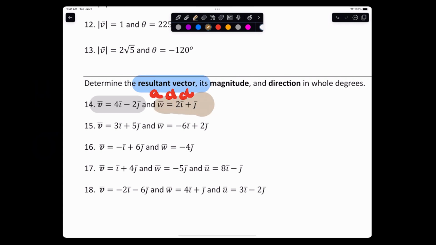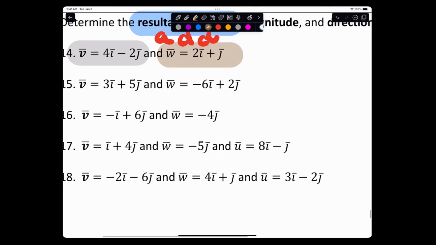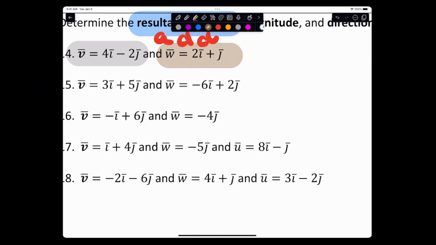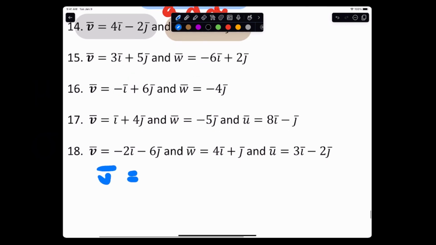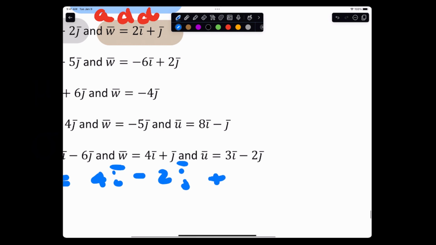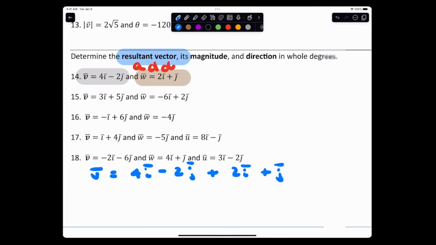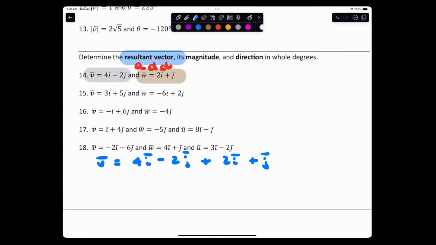That's going to give you the resultant vector. Just adding them. Now, the reason the ij form is preferred is because if I write it down for you this way, vector v is 4i minus 2j plus 2i plus j. So let's emphasize this for you guys here. Here's the first vector. Here's the second vector.